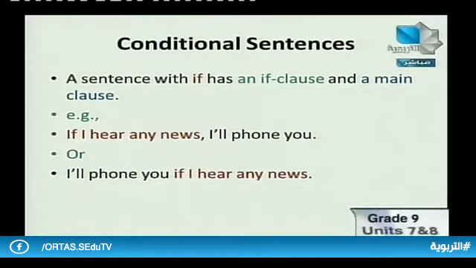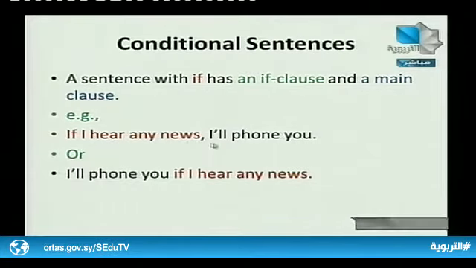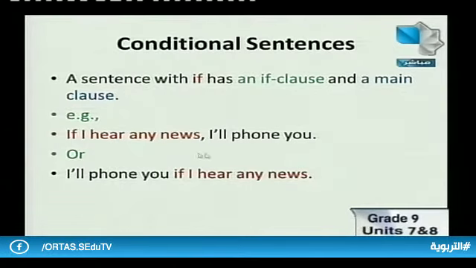Well, as we know, a sentence with if has an if clause and a main clause. We can give examples to make it easier. Example, if I hear any news, I'll phone you. Or I can start, as you've said, by the second clause. For example, I can say, I'll phone you if I hear any news.